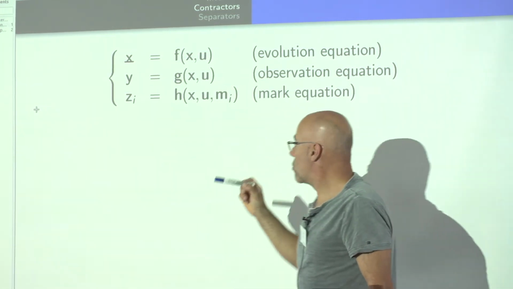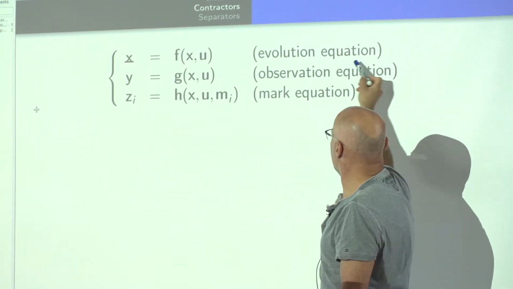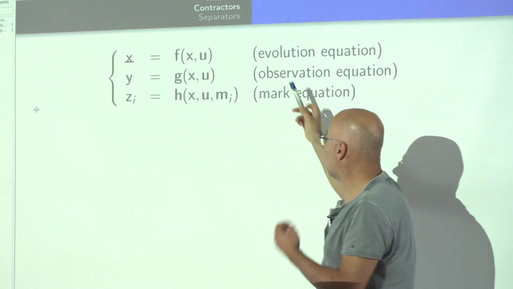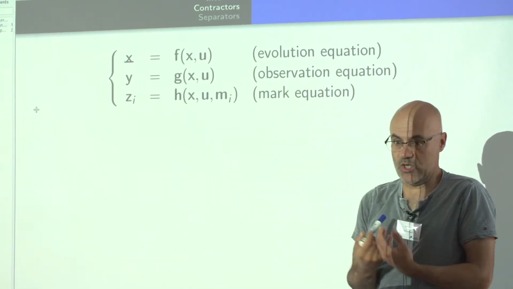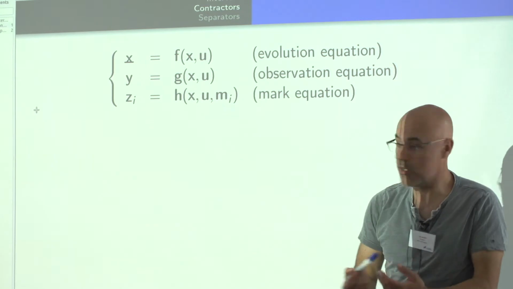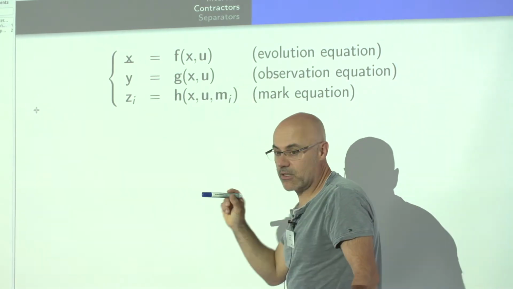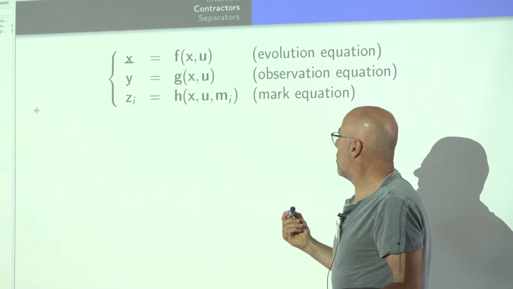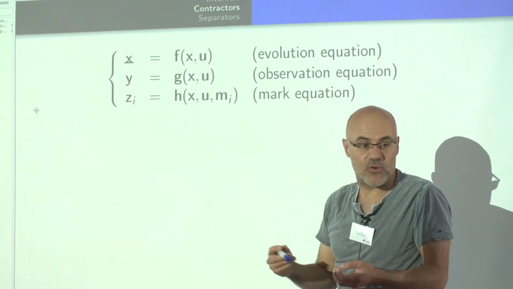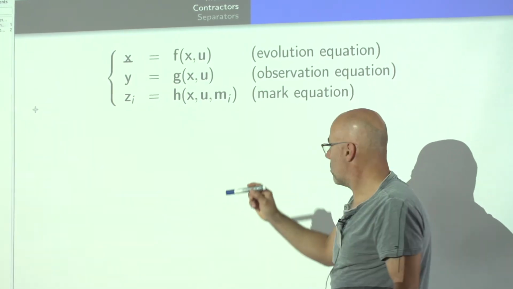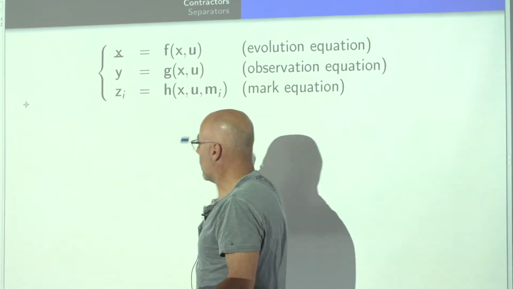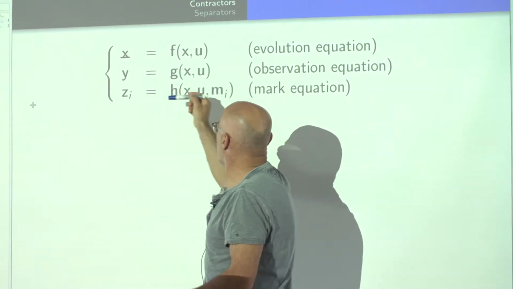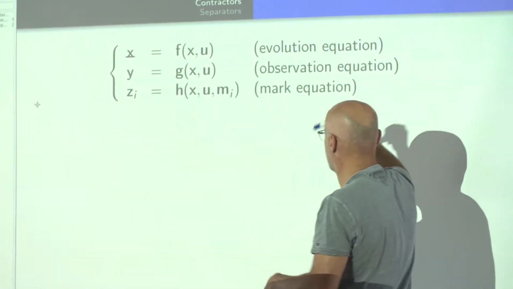And if you use only the evolution equation, which can be obtained by measuring the speed and the attitude thanks to an inertial unit, it is an estimation which is called the dead reckoning method. So you know that you went in this direction for about 1 kilometer, you have an approximation.